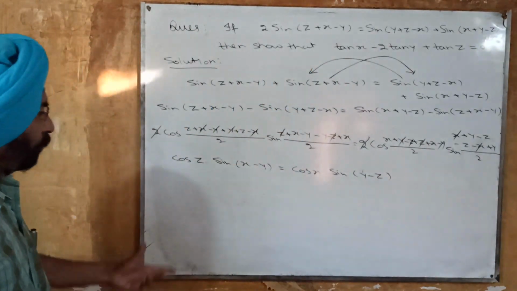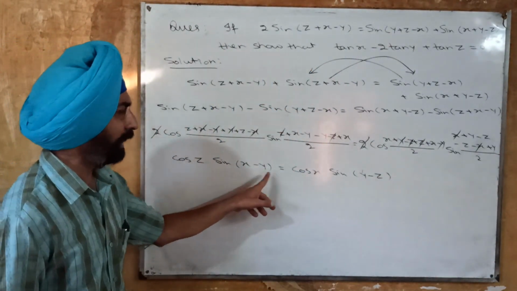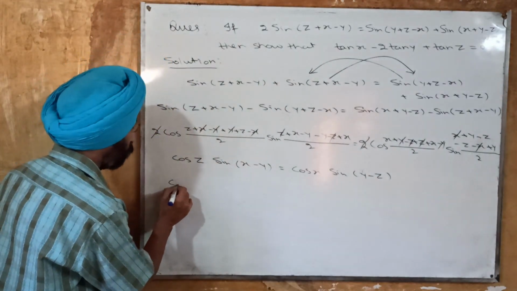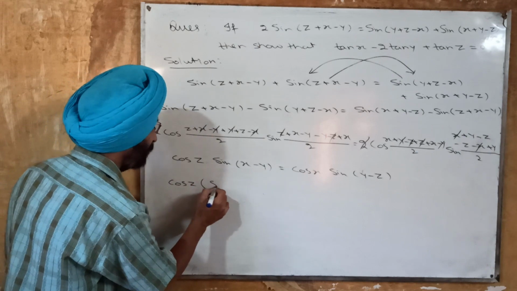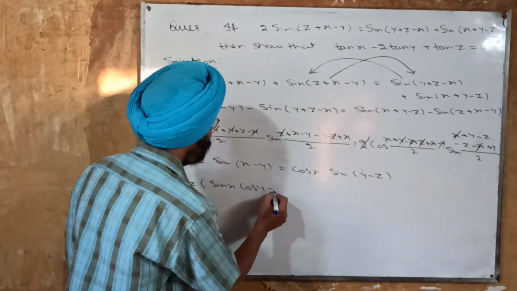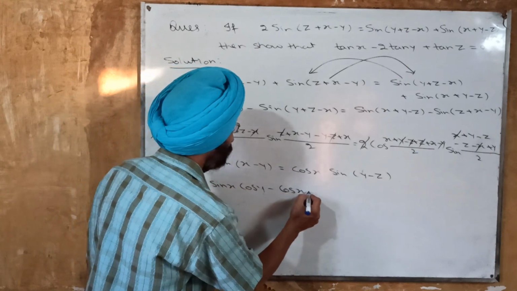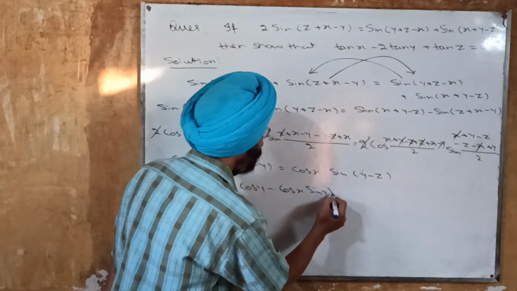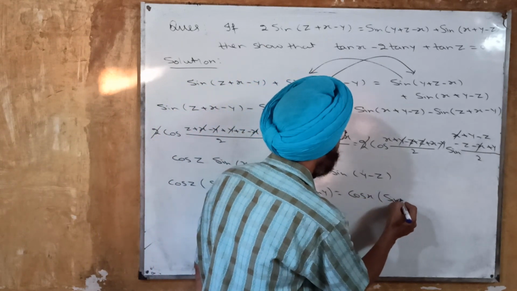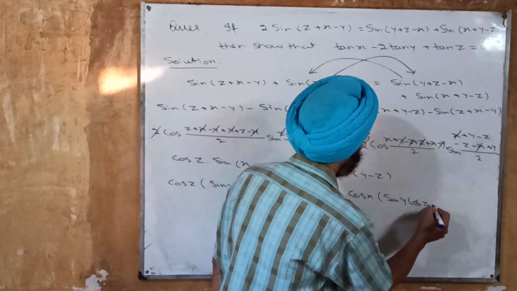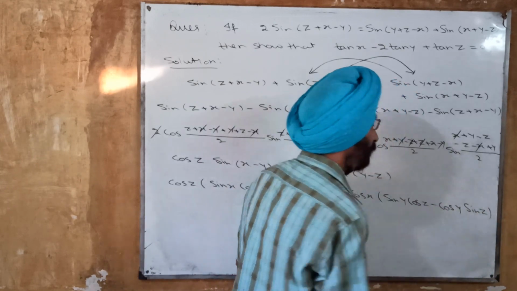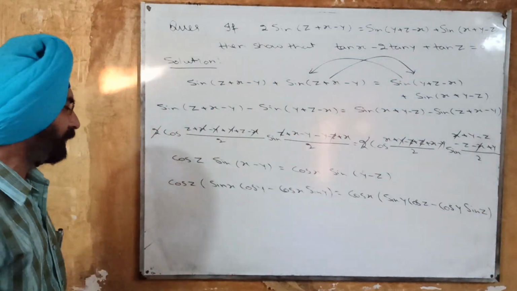and now sin x minus y and sin y minus z I am going to expand. You will get cos z, this is sin x cos y minus cos x sin y is equal to cos x into sin y cos z minus cos y sin z. Open the brackets on both the sides.